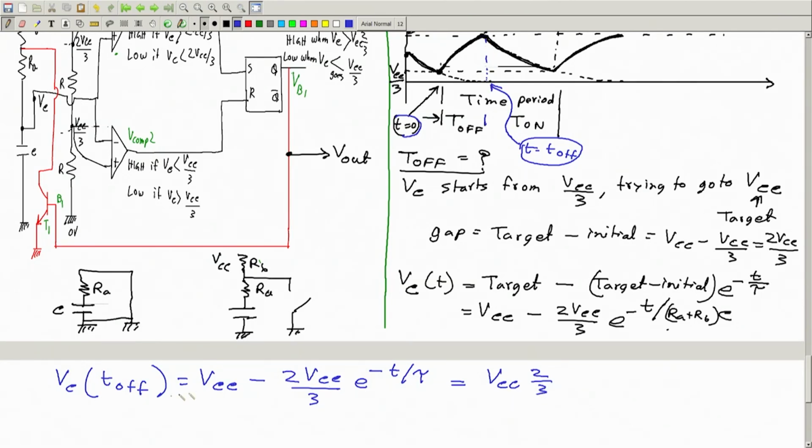My target is to find the value of T off. So let me equate this with this. This implies VCC and 2/3 VCC will cancel somewhat, and I will have only VCC by 3, and this I will take on the other side, 2/3 VCC e to the power minus T off by tau.